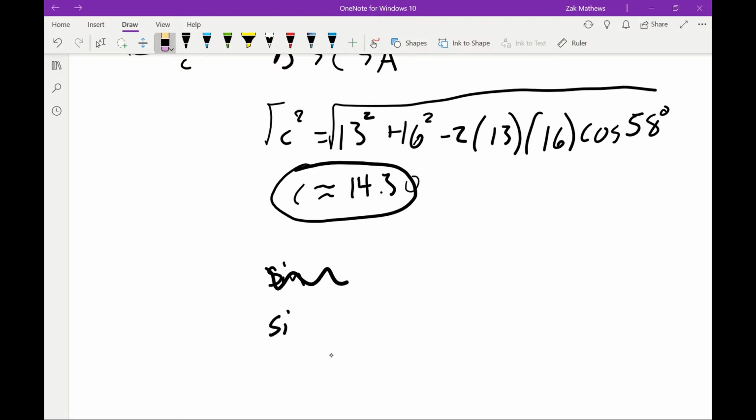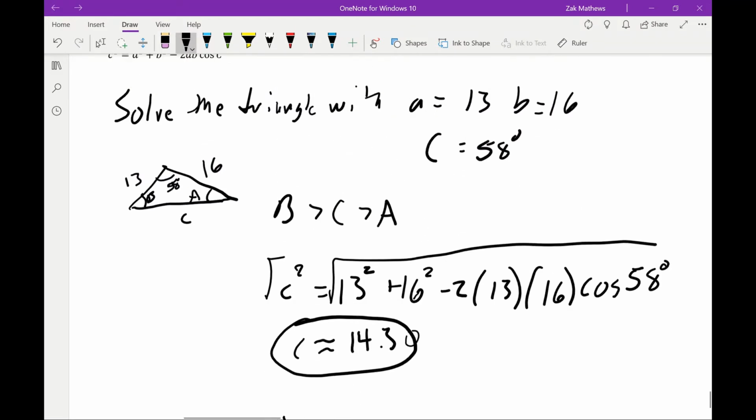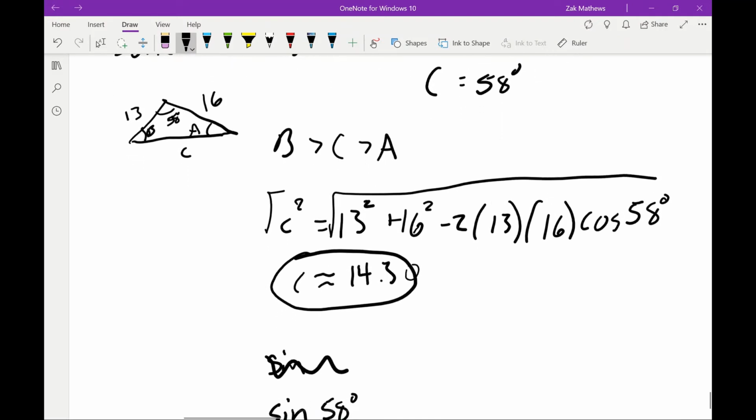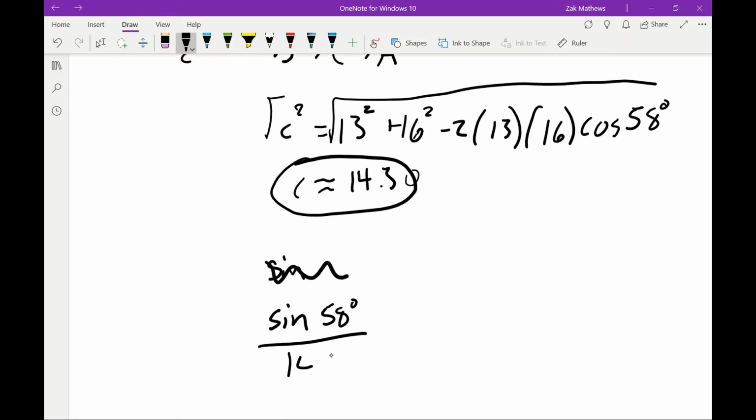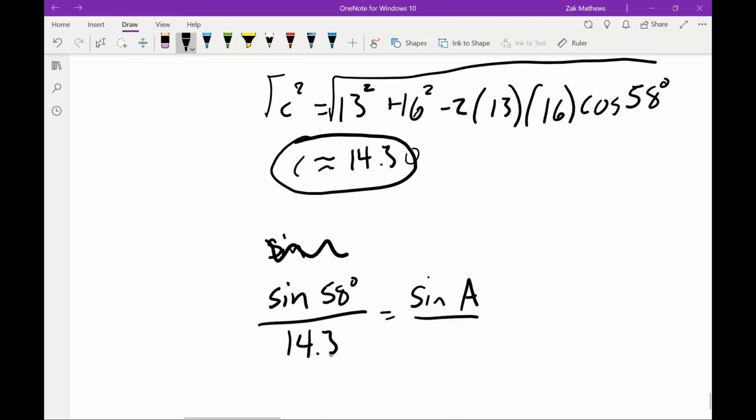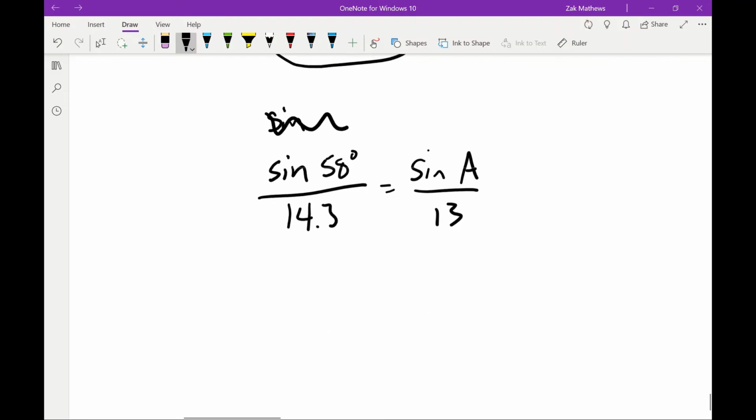Sine of the 58 over, angle C was 58, the side was the 14.3 that we just found. I'm looking for the smallest angle, which is angle A. We knew that the related side was 13. So to solve for A, I'd multiply by the 13 and I have to take the inverse sine.